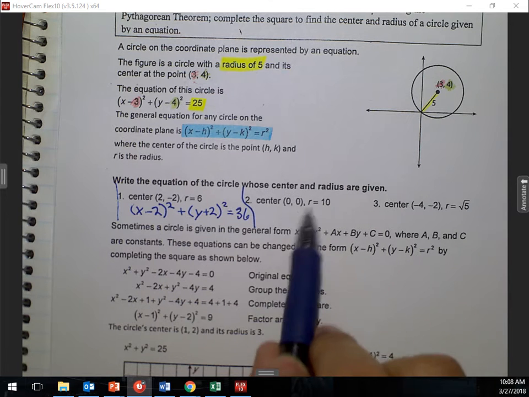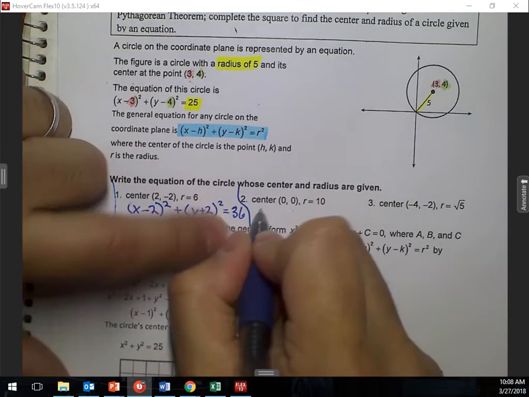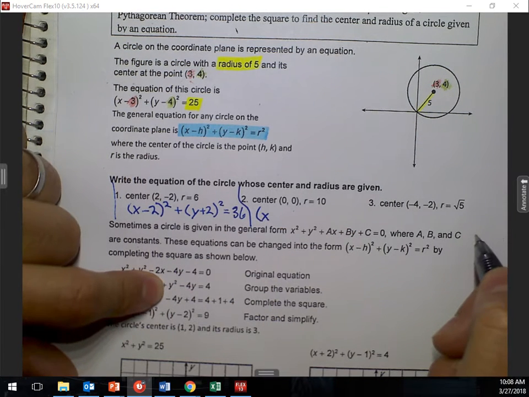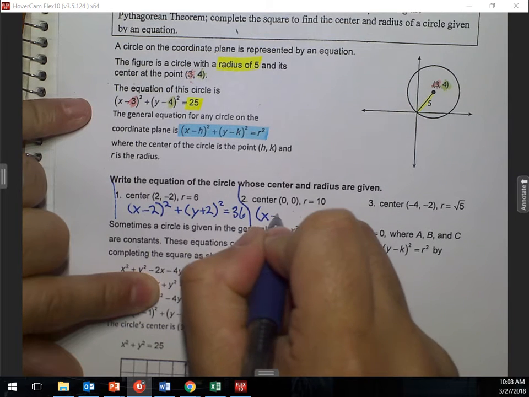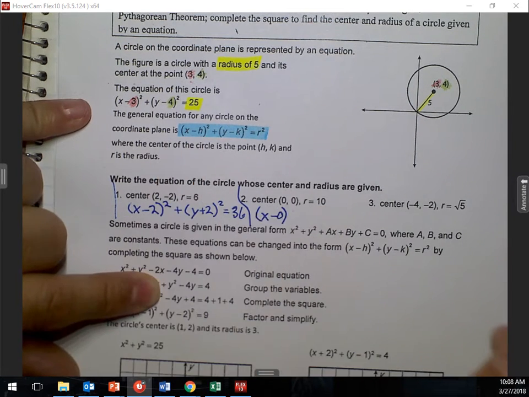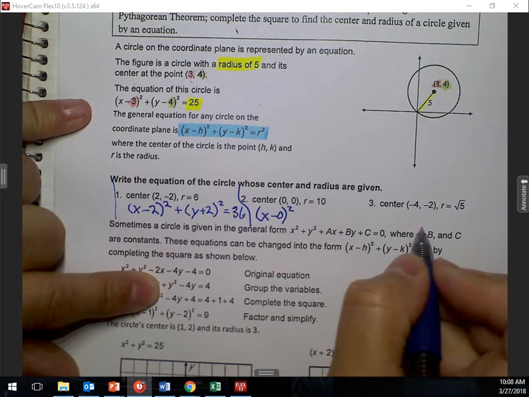Now, let's go ahead and do this one. X, what am I going to write? Minus 0. Okay, minus 0, that works. Or it could be plus, right? The formula's always minus. Don't mess it up. So, squared. What goes next?